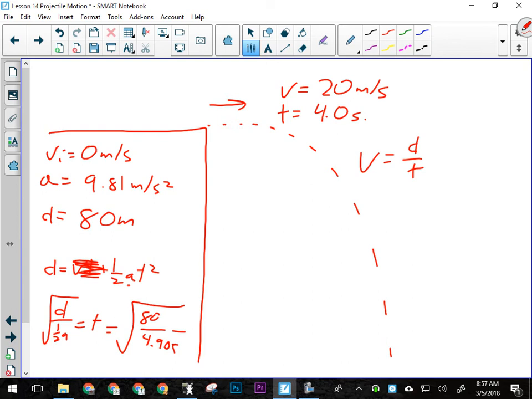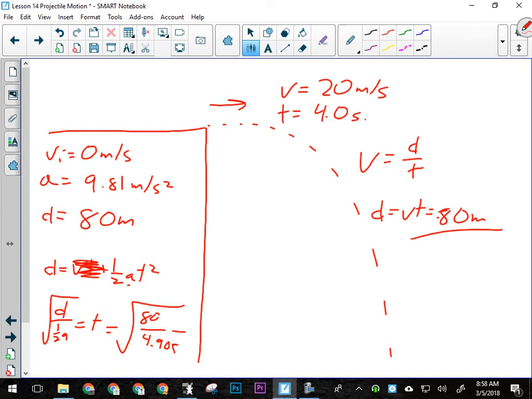Their velocity is not changing. They're traveling constantly at 20 meters per second the whole time. So d equals v times t, so 20 times 4. Just so happens, what are the chances of that, they're actually going to travel the same distance horizontally as they fall. I think that's the first time that's ever happened. When I did an example like this, that's almost never the case.